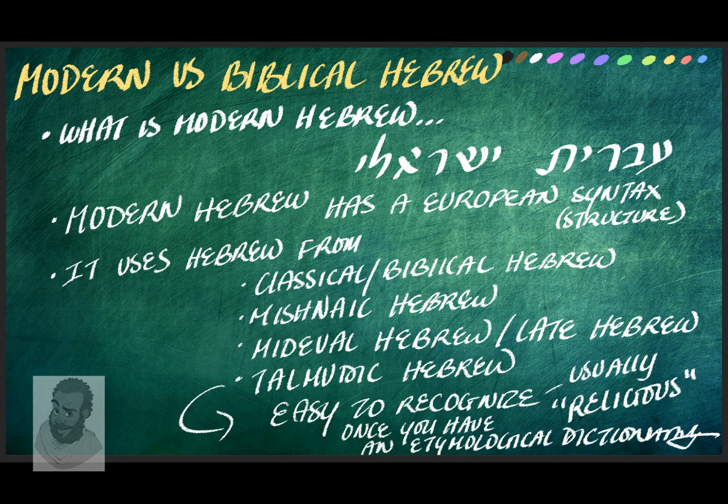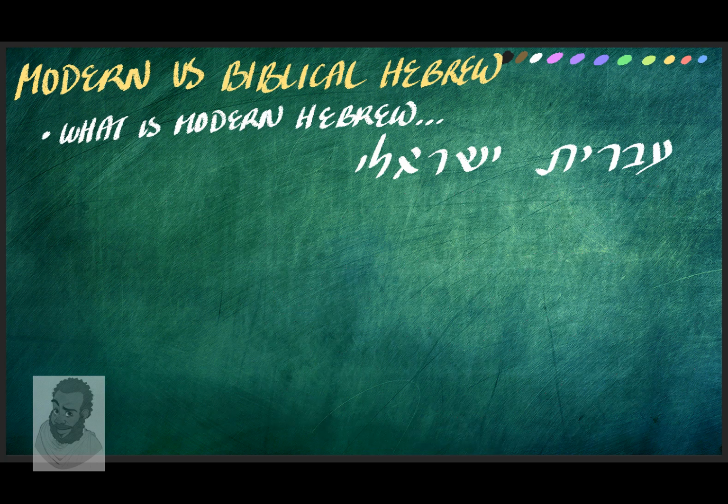Now, yes, modern Hebrew differs from classical or biblical Hebrew in syntax, and I'll give you an example. Within biblical Hebrew, there are no tenses. There's none of what we call tenses: present, past, future.